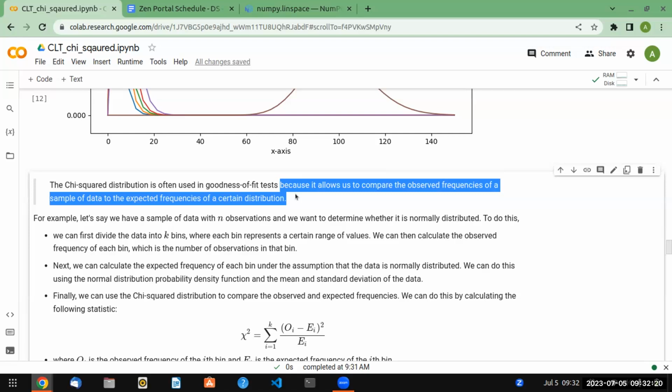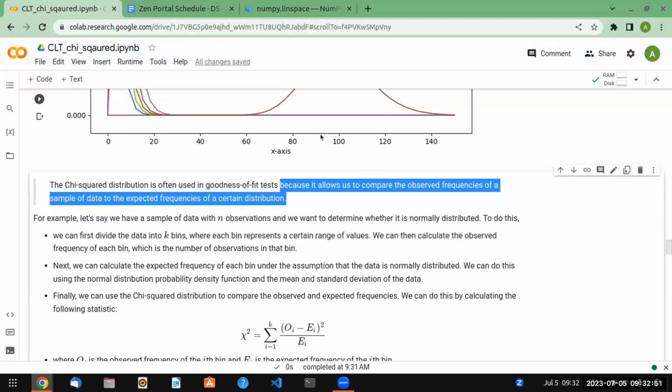That means you have the data and you don't know the distribution, but you are expecting this distribution may be similar to normal distribution or exponential distribution. So to verify that quickly, you can utilize this goodness of fit test and verify whether your expectation is correct or not, whether your data is following the distribution that you are expecting or not.